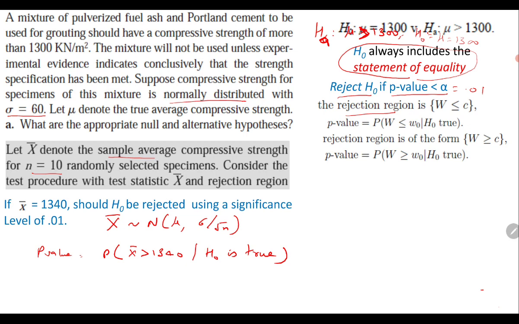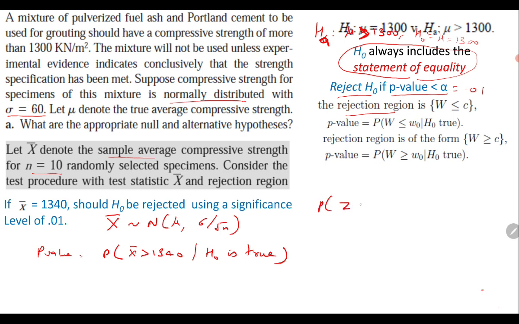Again, when we talk of the parameter, there are only two possibilities: mu is either 1300 or it is greater than 1300. So when X bar is 1340, to reject it, it should be more than 1340. Now X bar is normally distributed with mu and sigma by root n.